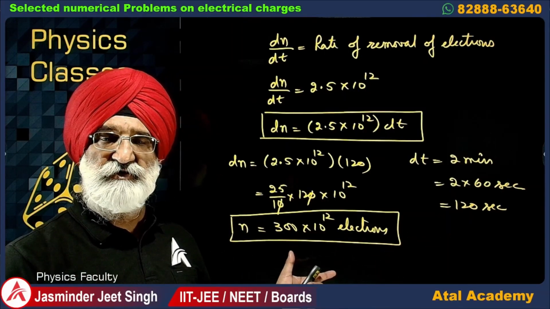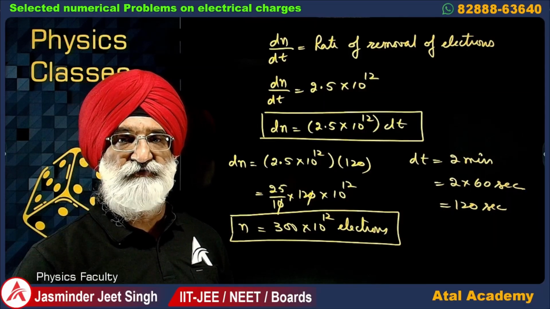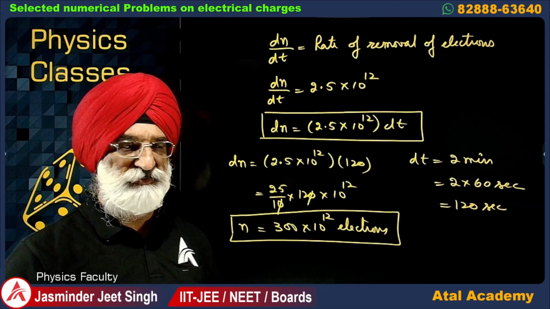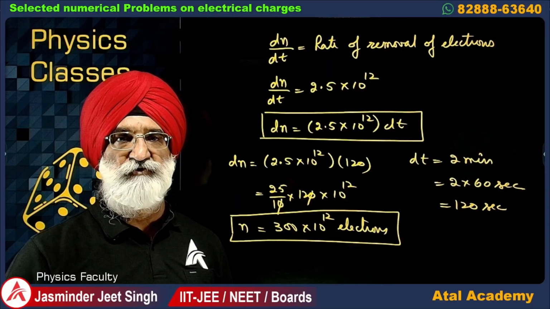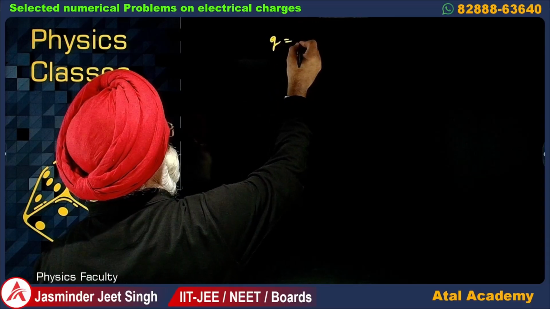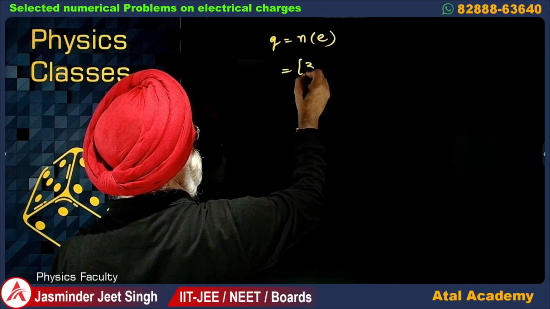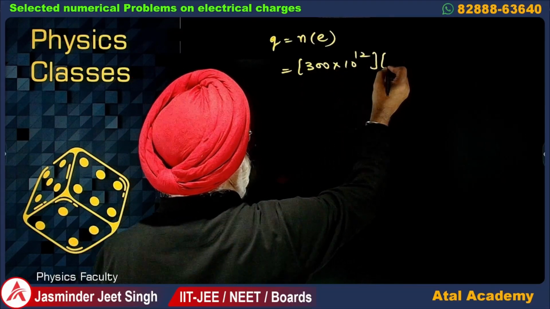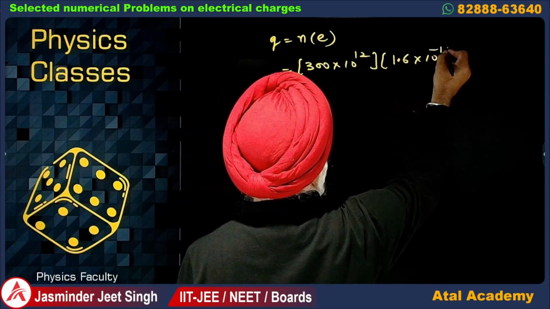Now, these number of electrons will be corresponding to how much charge? To find out the value for charge which is corresponding to so many electrons, we will use the concept of quantization of charge. Q is equal to N into e. N in this case is 300 into 10 to the power of 12, into e, 1.6 into 10 to the power of minus 19 coulombs.